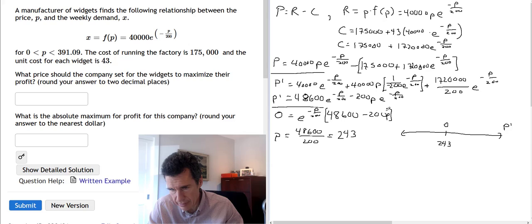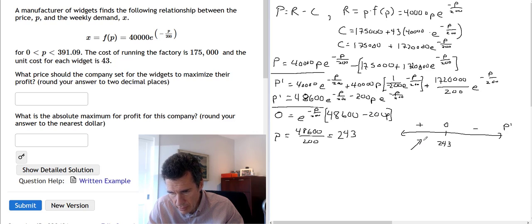E to the negative p over 200 is positive, and 48,600 minus 200 times 10 is positive, so p prime is positive. Choose a larger number, say 300. The exponential is positive, and 48,600 minus 200 times 300, which is 60,000, is negative.